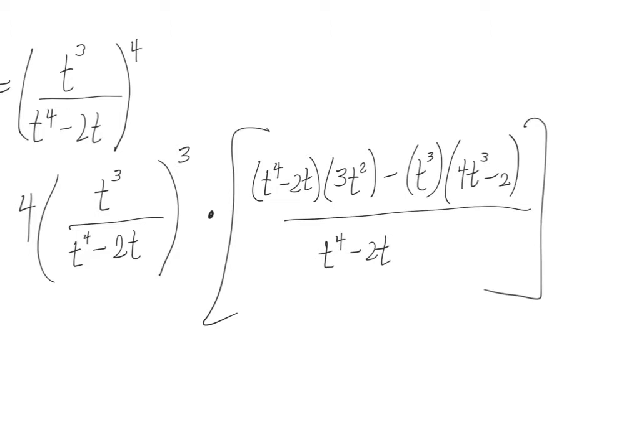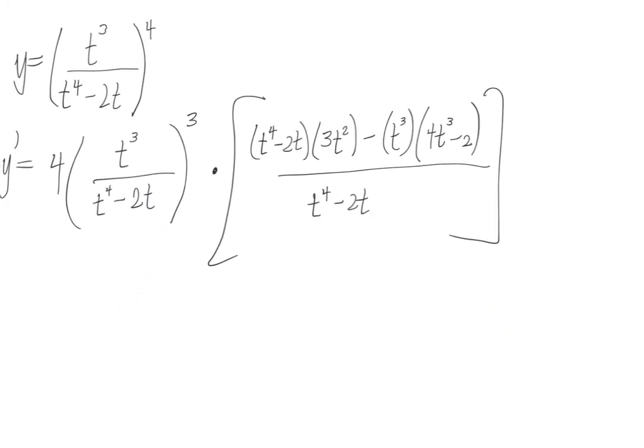From here, so far I have this times all of this. Well, this isn't simplified, okay? I want to combine like terms, multiply out in that numerator. So when I multiply out, I get, let's see, t to the fourth times 3t squared.